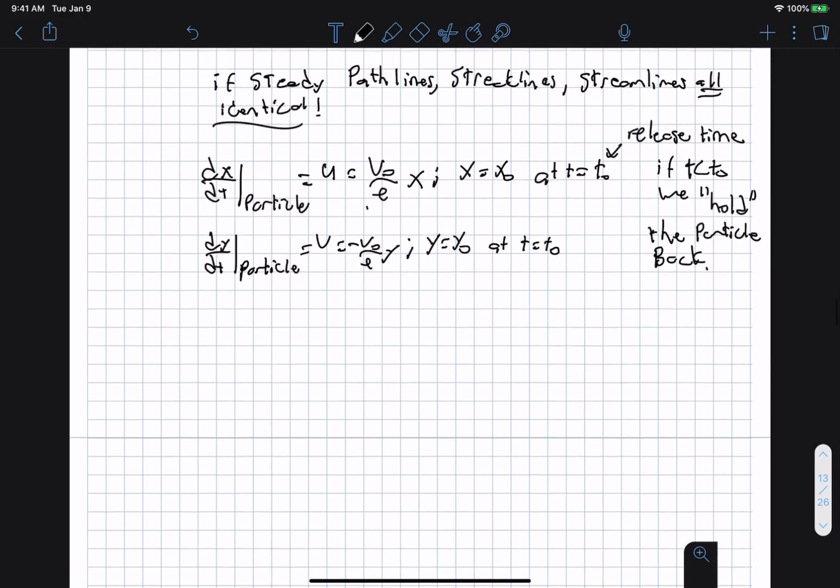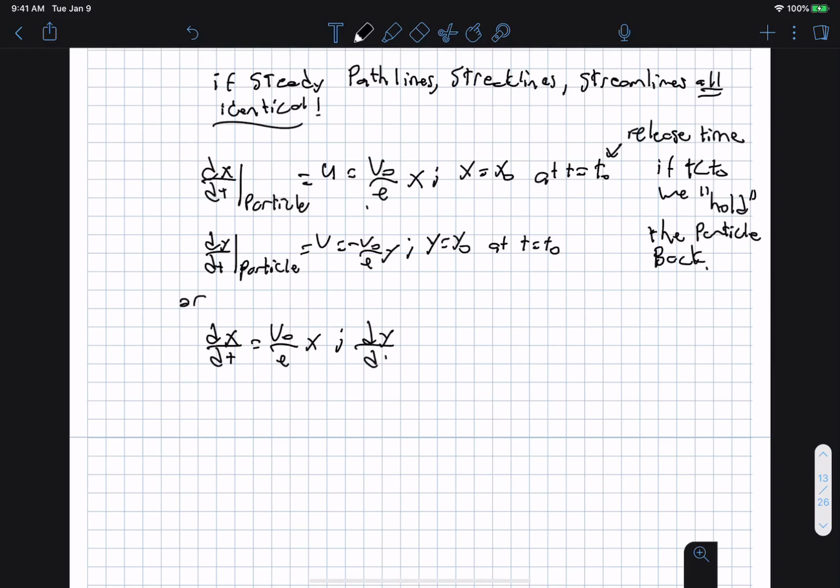Now that we understand it's for a particle, I'm just going to drop that: dx/dt equals v naught over L times x, and dy/dt equals minus v naught over L times y.